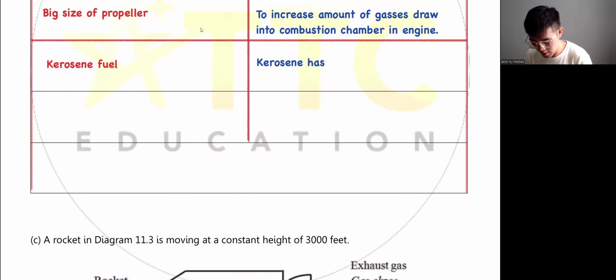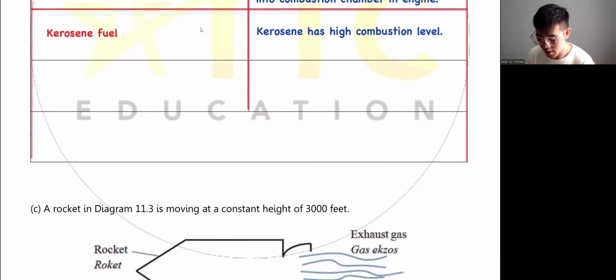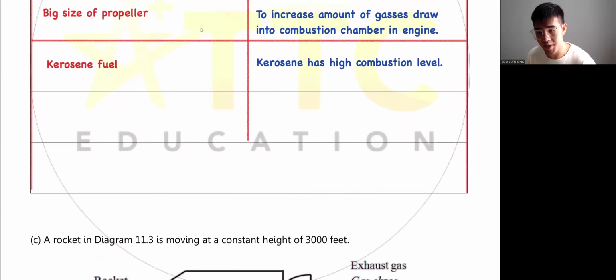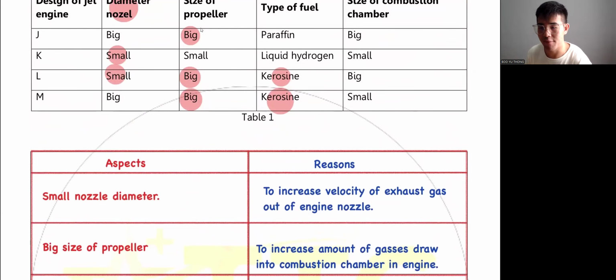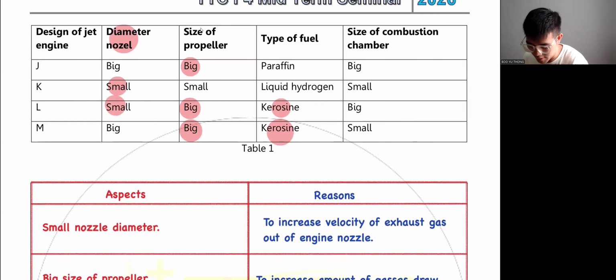Kerosene has high combustion level. So you can also say it then can produce large amount of energy. Or if not, this is good enough one. Or high combustion level compared to other fuel. Okay. And why is it not paraffin? Paraffin is not being combust. We don't use paraffin because paraffin has a very low combustion level one.